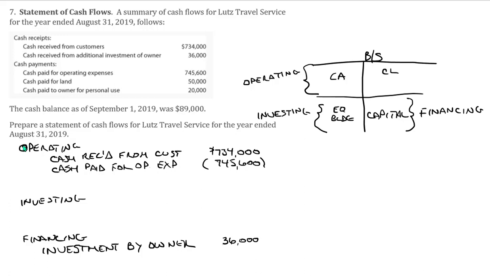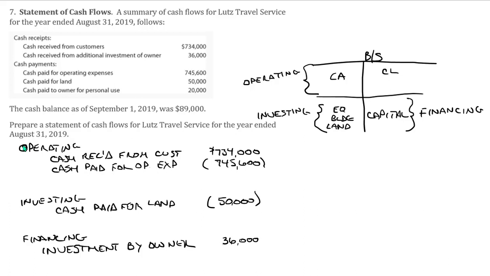And cash paid for land, that would be a long-term asset. Land would be down here. That's not an operating account, that's an investing account. So cash paid for land. If we were in class, I would ask you, is this a cash inflow or a cash outflow? We paid the cash, so cash is going out, 50,000.